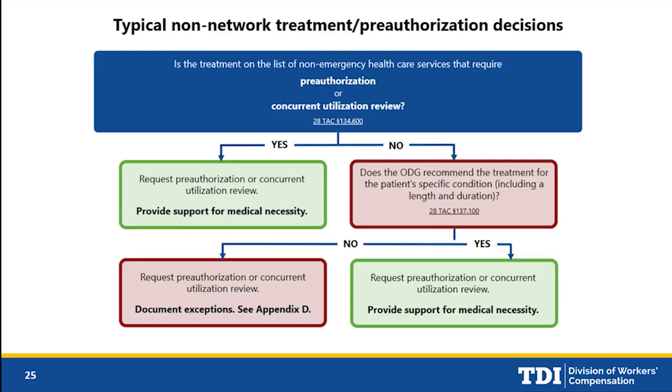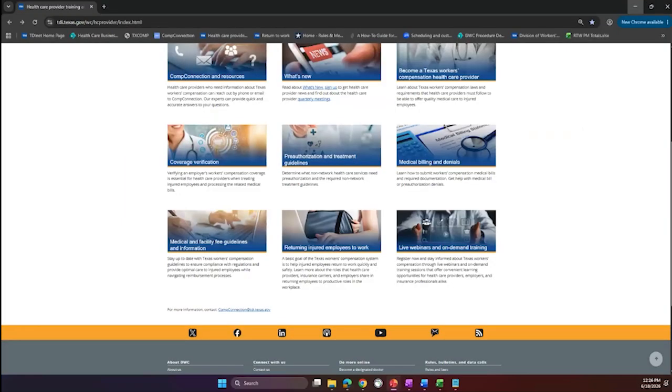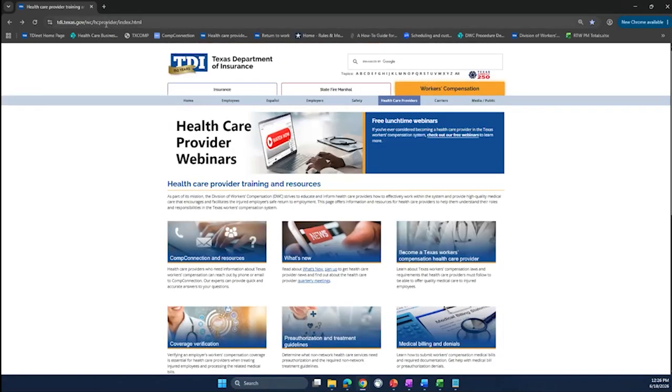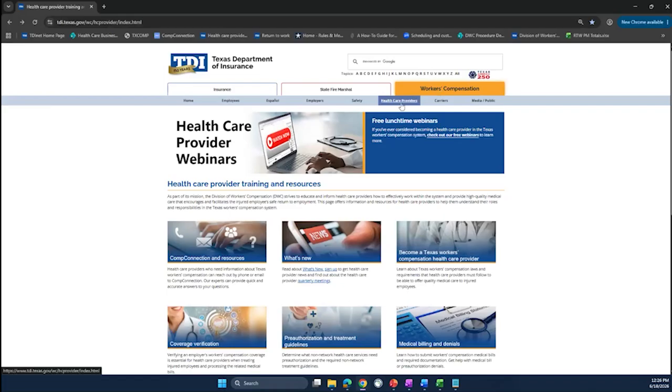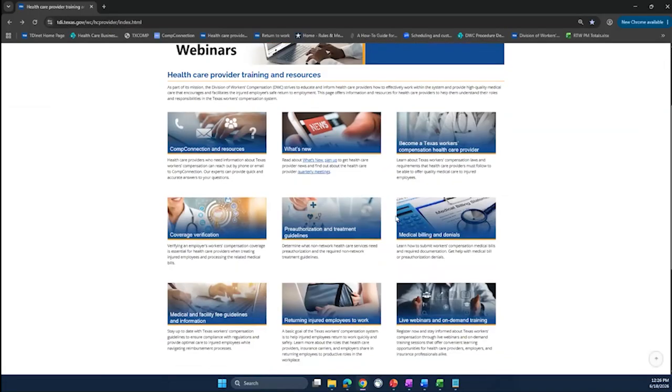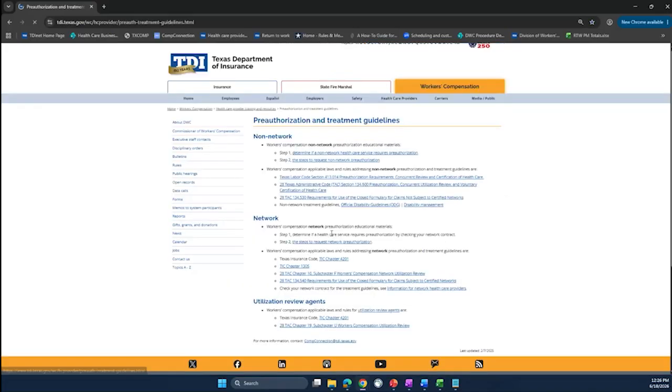So on our website at the division, we have this page for healthcare providers. If you're at tdi.texas.gov, you go to workers' compensation. Healthcare providers have your very own page, and we have all of these topics down here for you. The one we're talking about today, of course, pre-authorization, treatment guidelines, can be found here.